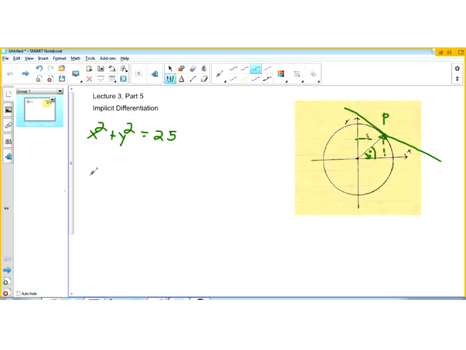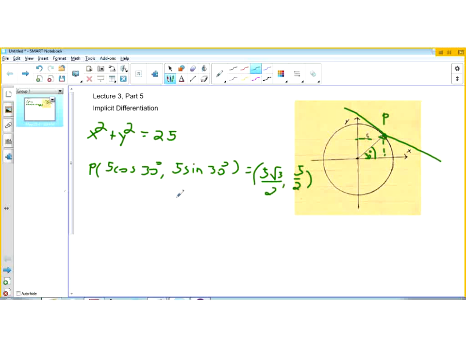So in this case, the coordinates of P would be, actually 5 times the cosine, sorry. Five times the cosine of 30 degrees would be the abscissa, and then the ordinate would be 5 times the sine of 30 degrees. Okay, and so that would be 5 times the square root of 3 over 2, and 5/2. So those would be the coordinates of P.